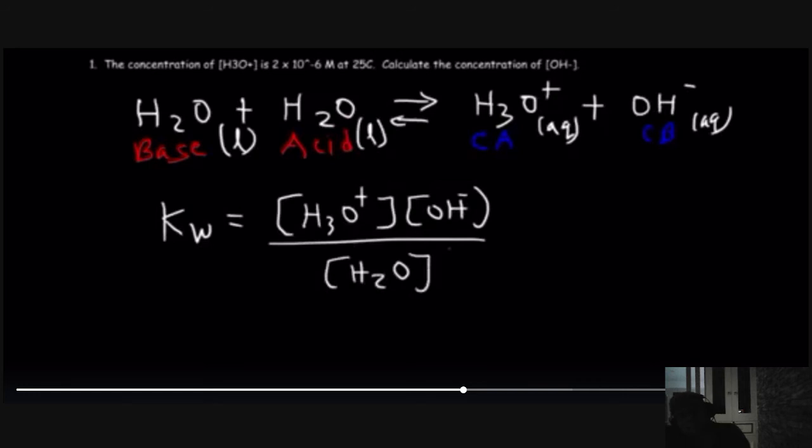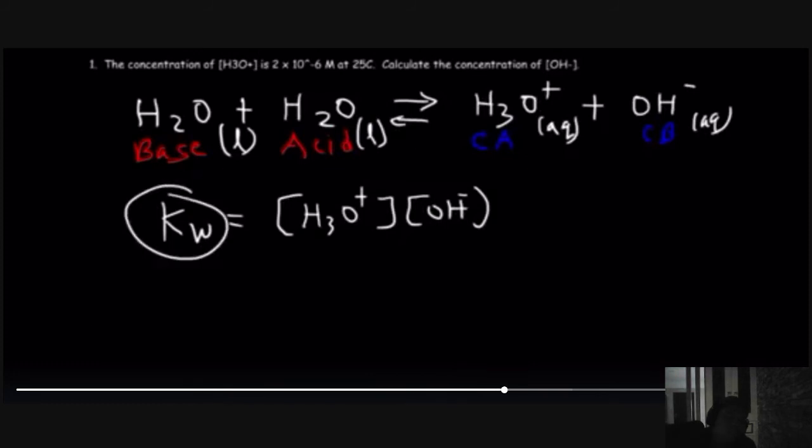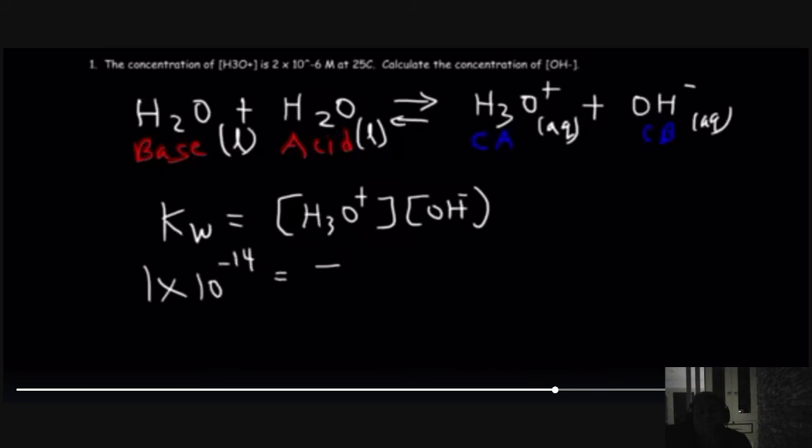So you shouldn't write H2O squared on the bottom. So this is the ion product constant, Kw, and it's equal to the product of H3O+ and OH-. Now, at 25 degrees Celsius, Kw is 1 times 10 to the negative 14. Now, this value changes with temperature, so keep that in mind.